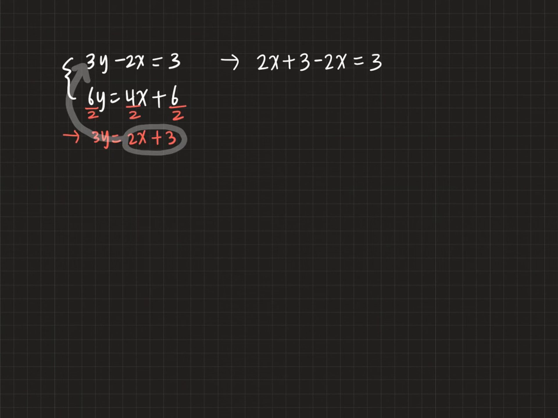Now if I do that, I am going to end up with the equation that will just have 3 equals 3. So I know that it's going to be an equation with infinitely many solutions because they are going to be the same number. So that's how I'm going to solve the equations when I have two different equations that are not written as y equals mx plus b format.